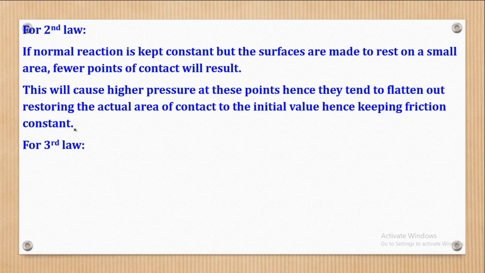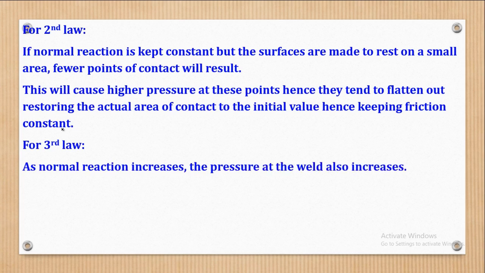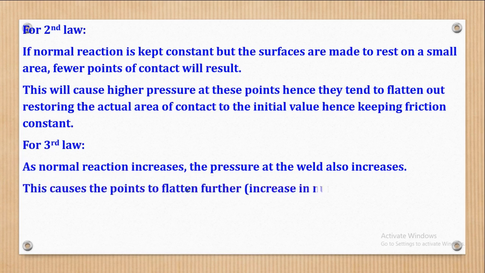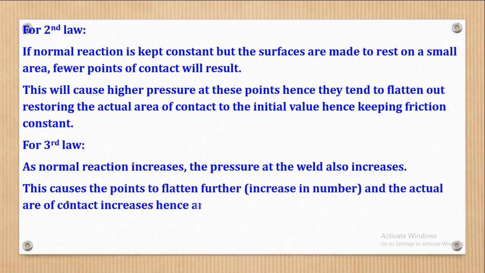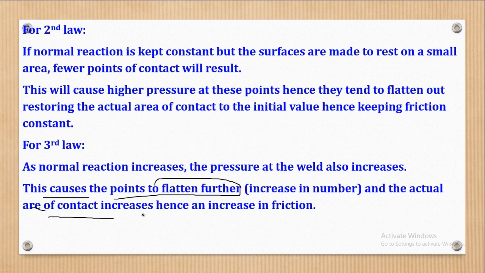So now we shall go to the third law. Third law shall say that as normal reaction increases, the pressure at the weld also increases, and this causes the points to flatten further and the actual area of contact, so this word is area, the actual area of contact increases, hence an increase in friction.